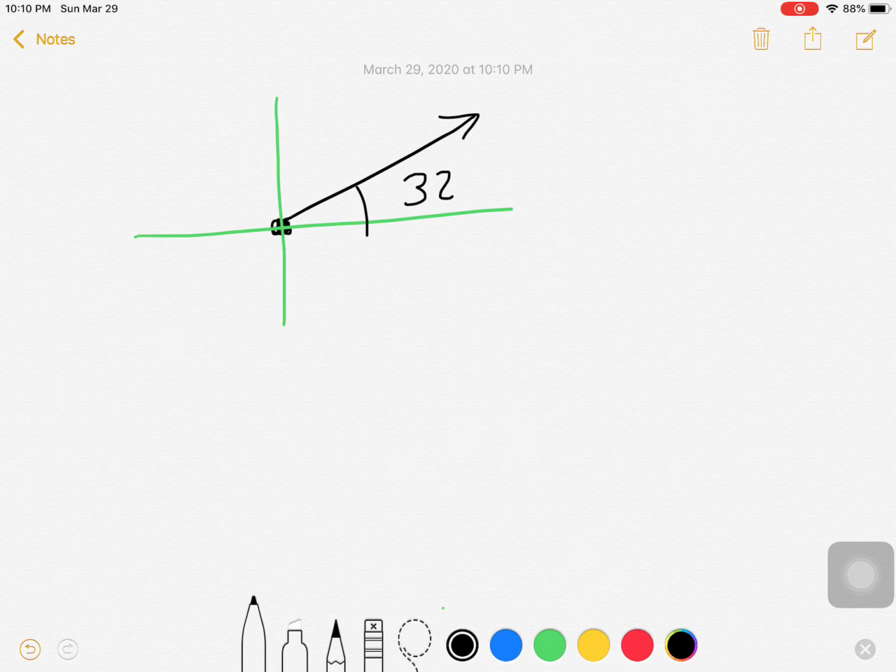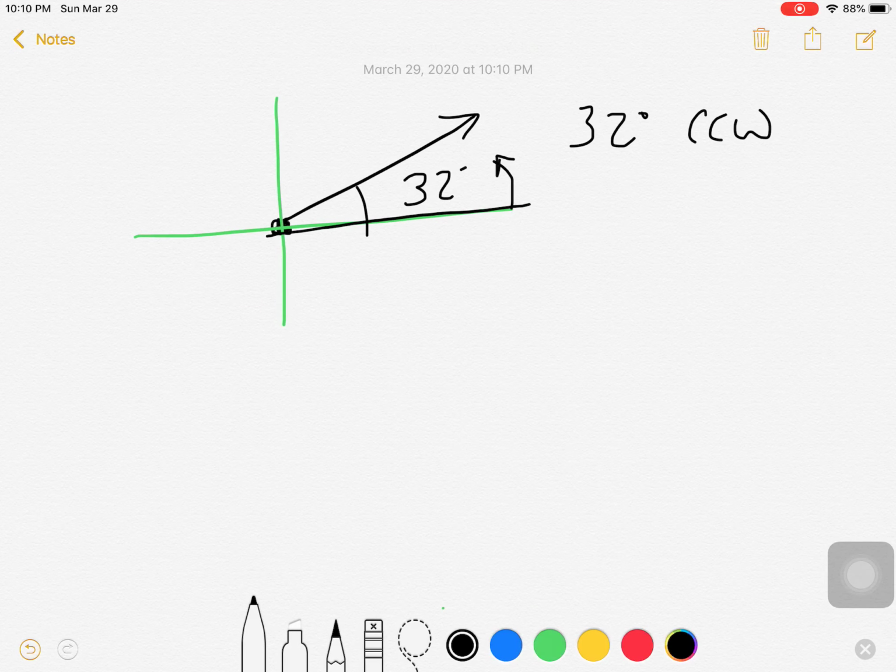Say that's 32 degrees, and we would say the actual direction of the arrow is 32 degrees, and it's going this way, which is counterclockwise. So it's 32 degrees counterclockwise of this line.